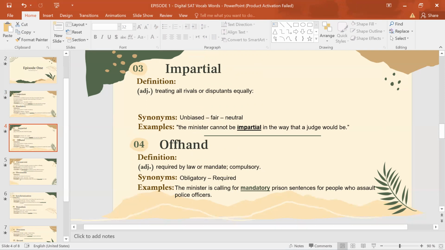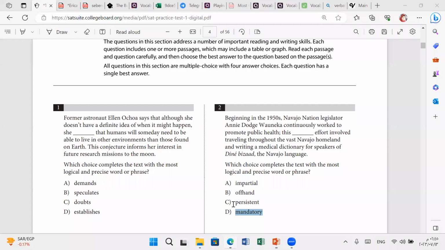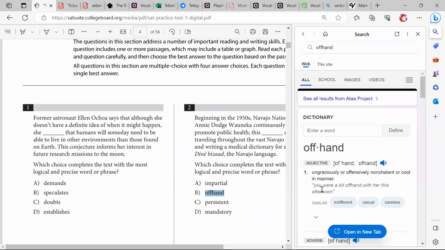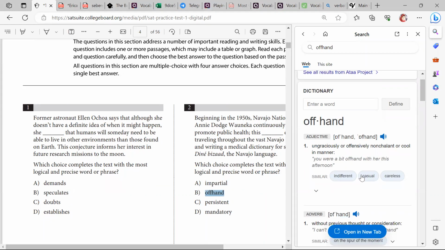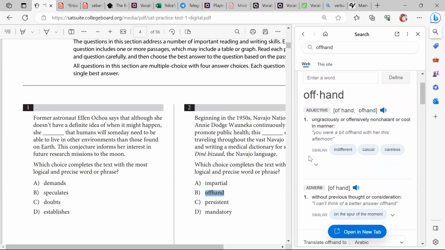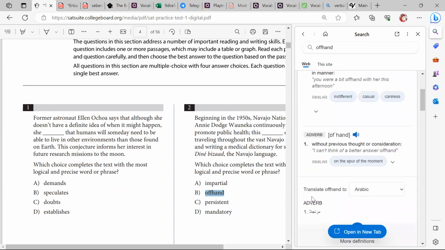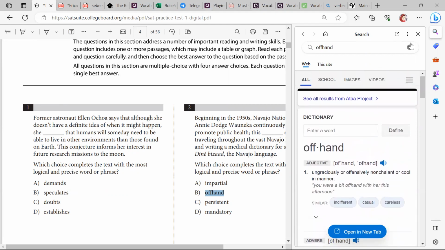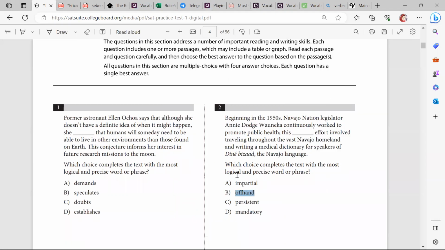Also, we have seen the word offhand here, and you can check the meaning immediately, and you will find the different synonyms, the different parts of speech of this word, and also you can choose the language, your mother tongue, to have the meaning of this word according to your own language.